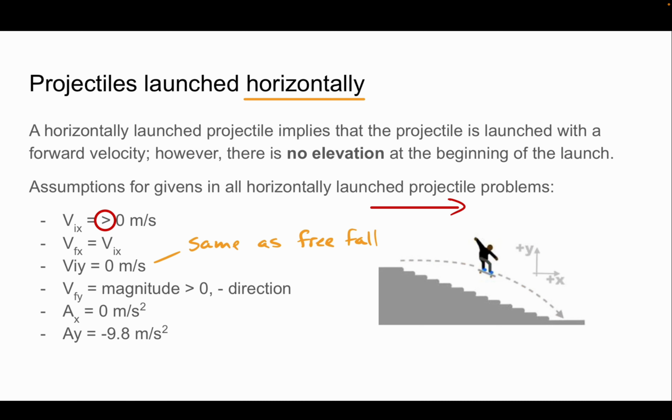So when you look at acceleration, there's no acceleration in the X. You always know your acceleration in the Y. It does not change. Your VIY, because you're dropping it essentially from rest, will be 0. Your VFY, its magnitude will be greater than 0, but its direction will always be negative.